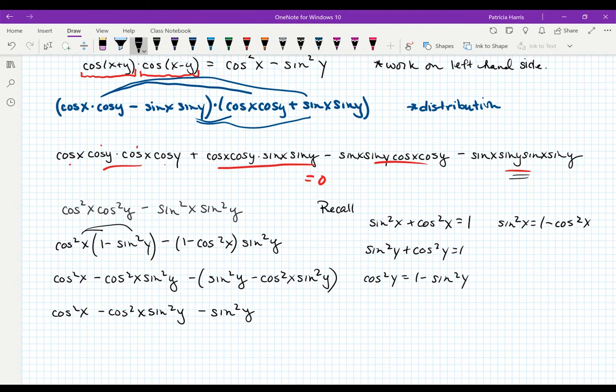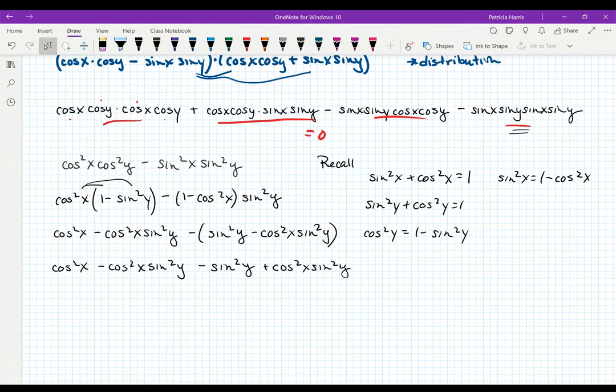Distribute your negative. Okay, now check this out. These two guys are the same, but they're opposite signs. So what happens? They go to 0. So those will go to 0, and you're left with this.